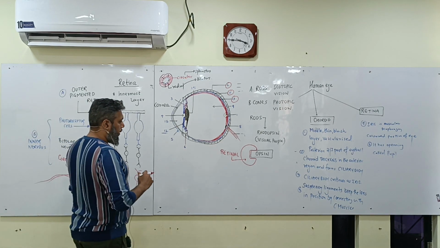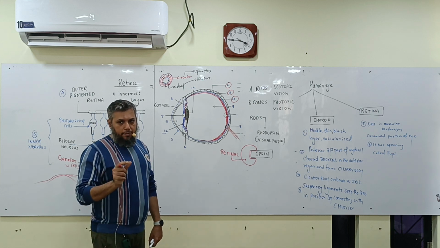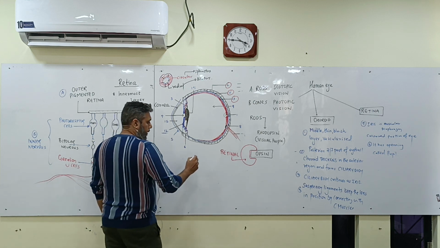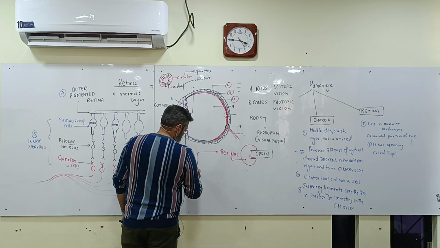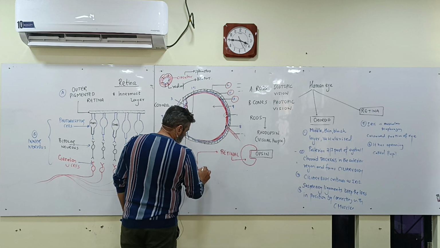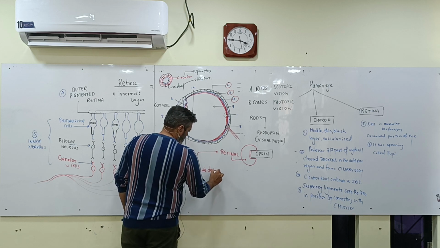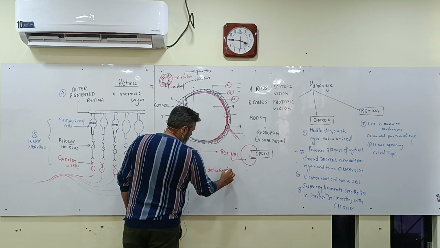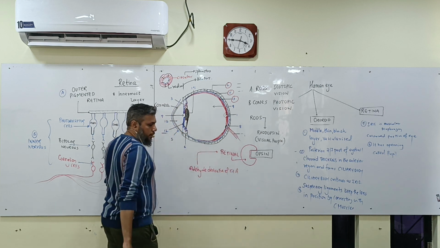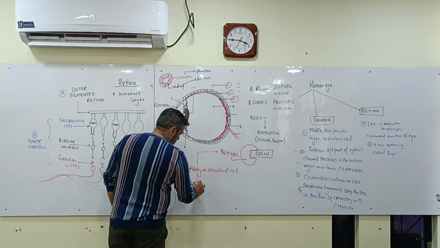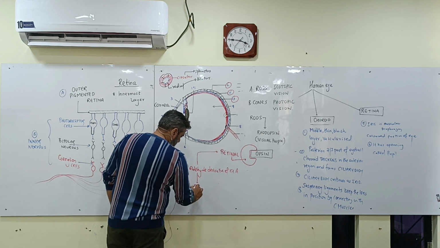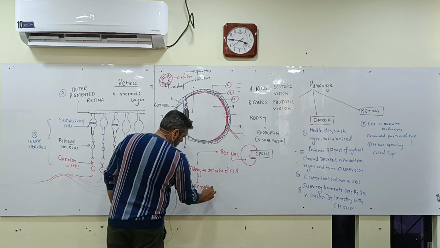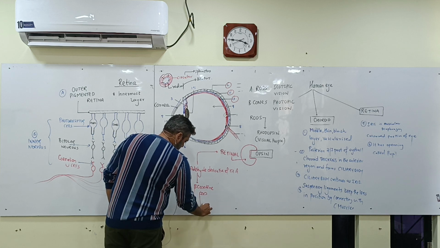And this retinal is an aldehyde derivative of whom? Vitamin A. And vitamin A का precursor कौन है? बीटा कैरोटीन, जो आपको किसमें से मिलेगा? गाजर से.